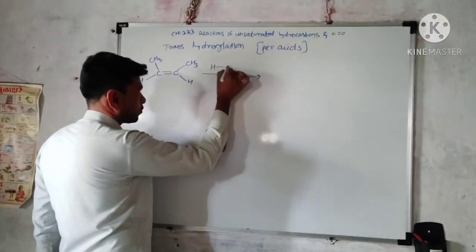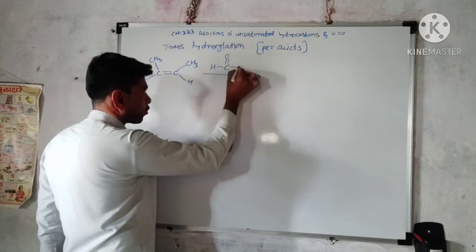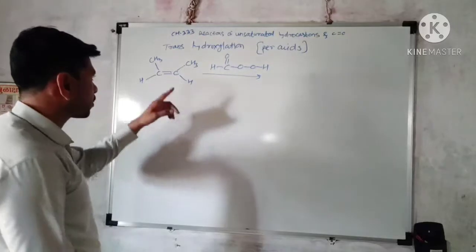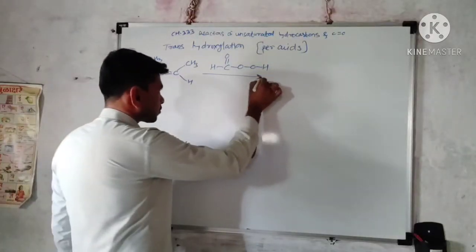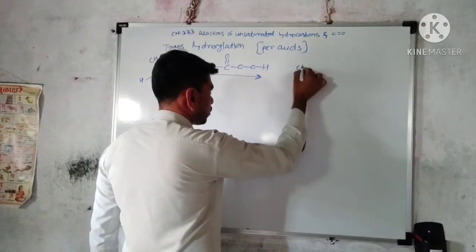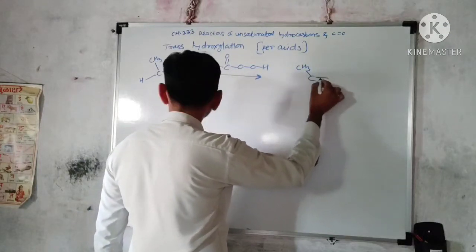So here we use performic acid. With this performic acid, we get diol formation, but this diol is not a cis diol here.